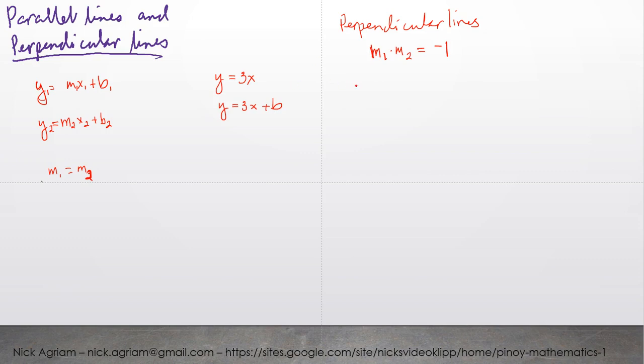So if I have y is equal to 3x, then if I have a perpendicular line, we will say m sub 1 is equal to 3.